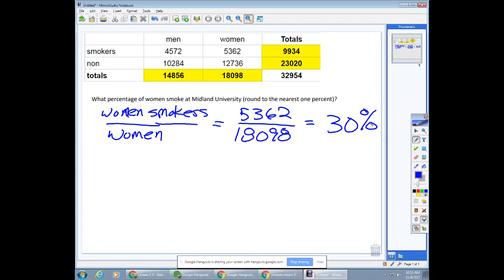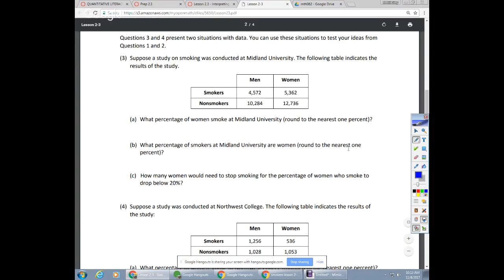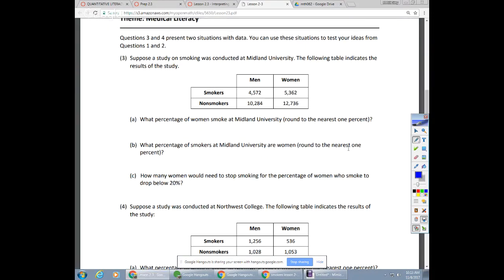So what did the author really mean? Let's see, does the next question help us figure that out? What percentage of smokers are women? Okay, that's a different one than we just did. What percent of women smoke? Oh. Yeah, no, I did it right. Yeah, what percent of women smoke? Okay, I don't know why I was having a hard time reading that. Okay. Yeah, no, that's right.